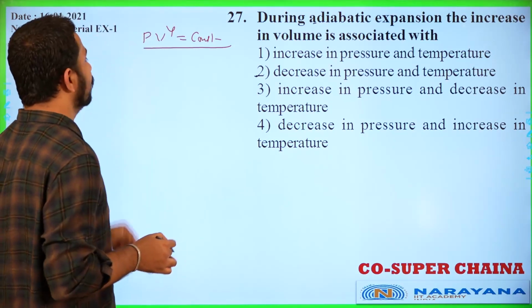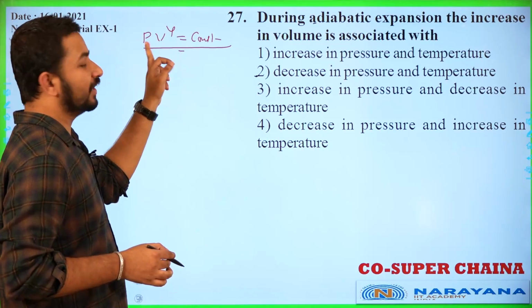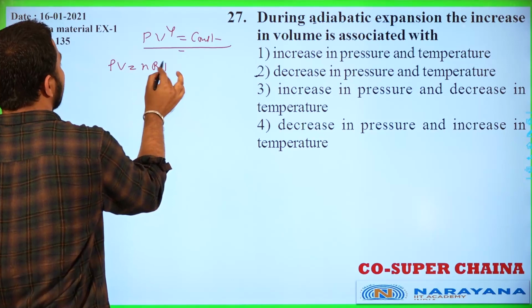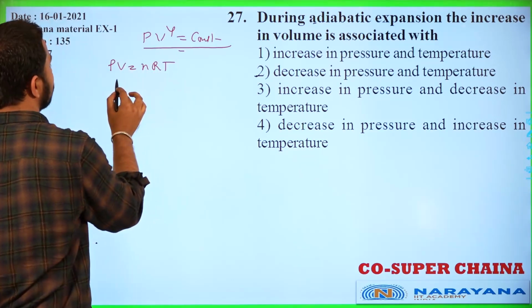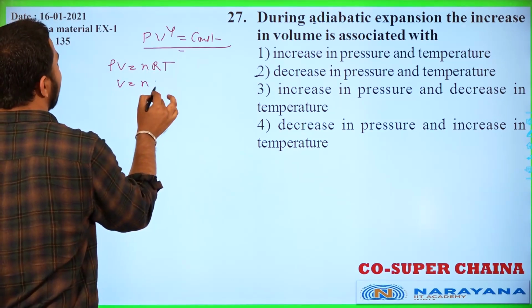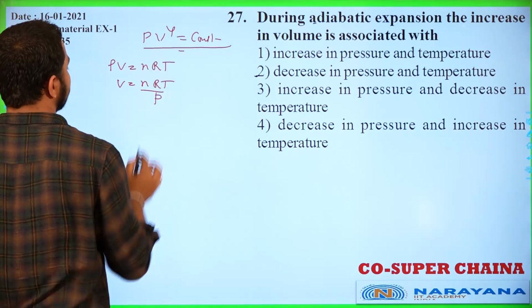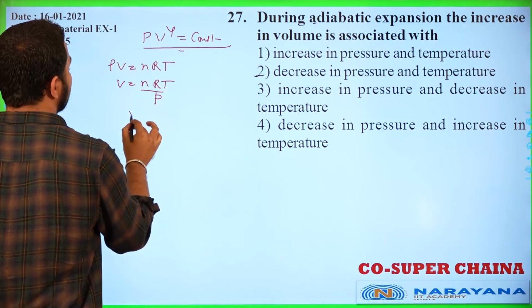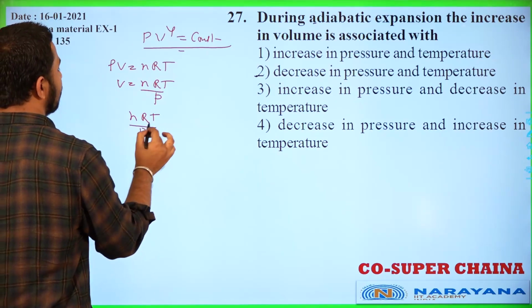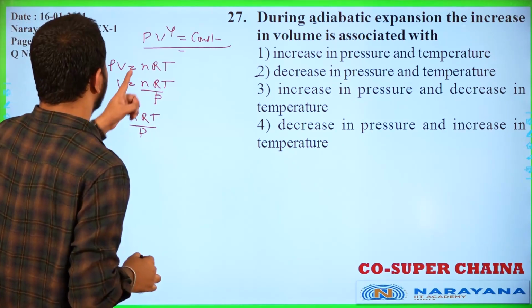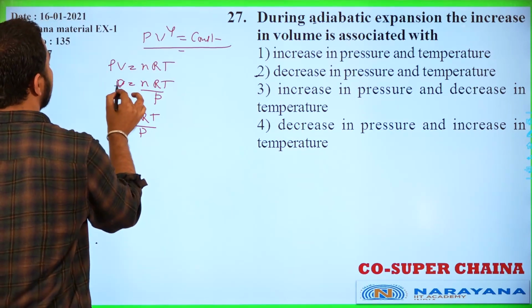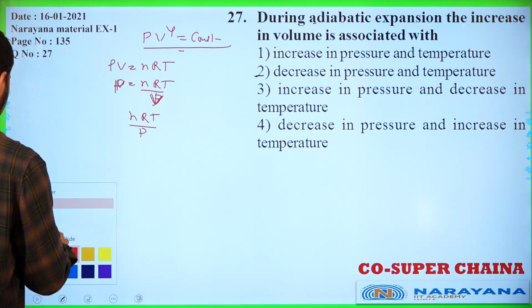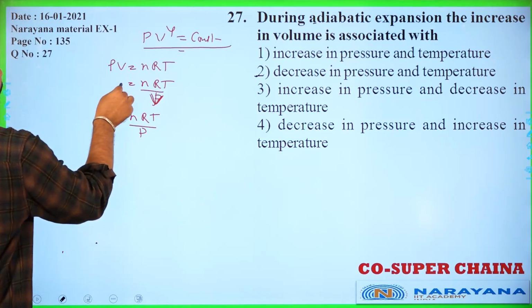Similarly, we know that pressure and temperature are also related, because if we write PV is equal to nRT, P can be written as nRT by V.